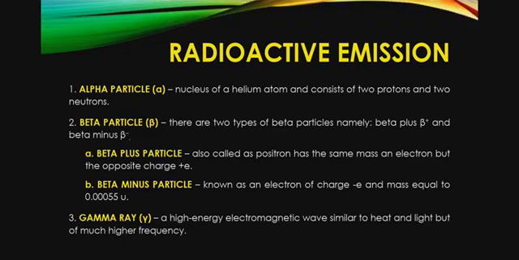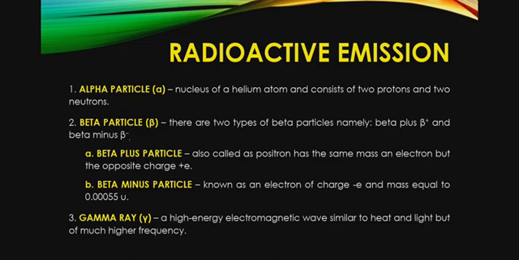The alpha particle is the nucleus of a helium atom and consists of 2 protons and 2 neutrons, while the beta particle has 2 types, namely beta plus and beta minus. The beta plus particle is a positron and has the same mass as an electron but the opposite charge, while the beta minus particle is known as an electron, of charge -1 and mass equal to 0.0005 AMU, or atomic mass unit.